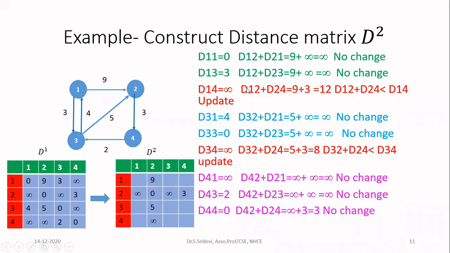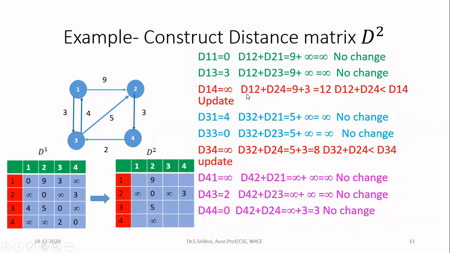Now, previously, there is no direct edge from 1 to 4, so the cost is infinite. But now, if I want to go from city 1 or vertex 1 to vertex 4, through the vertex 2, I have a shortest path. Previously, there is no road. Now, there is a road through some other place. So, I am getting the cost as 12. Now, compare 12 with infinite. 12 is less than infinite.